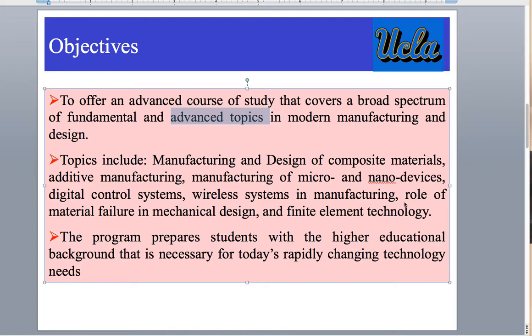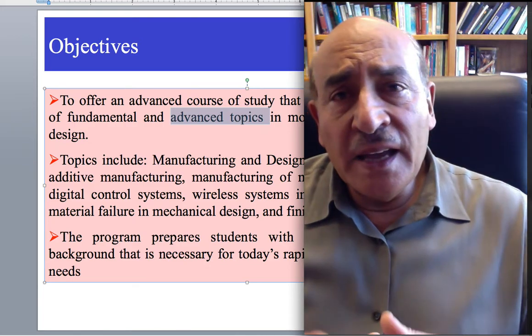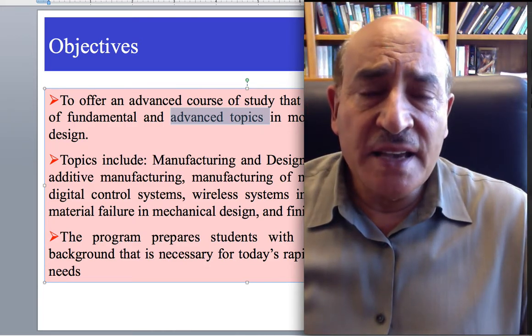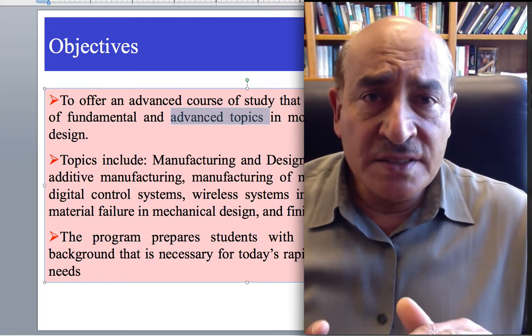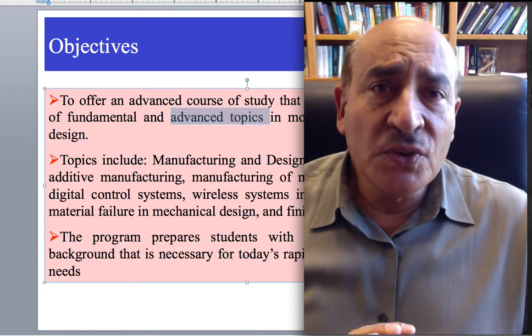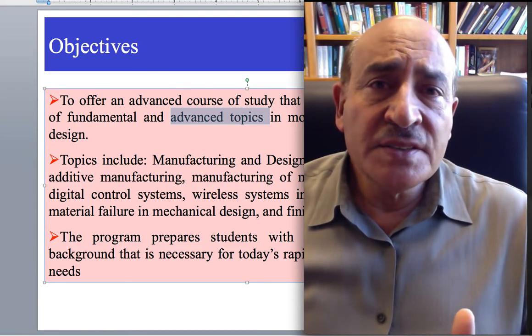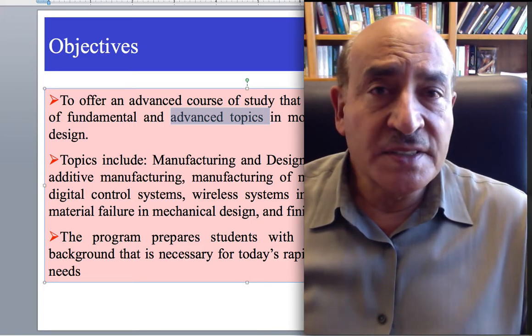And then we have two courses that relate to the role of material failure in mechanical design. These two courses I teach myself, and they are 296A and 296B. 296A is an upper division senior, first year graduate course, and the focus is on designing of power systems.